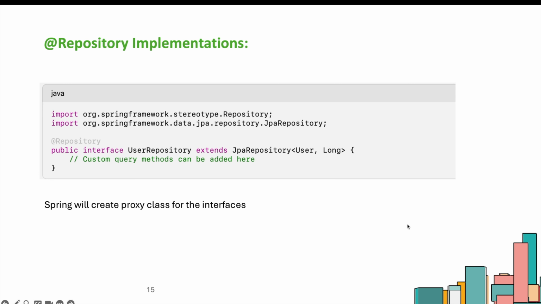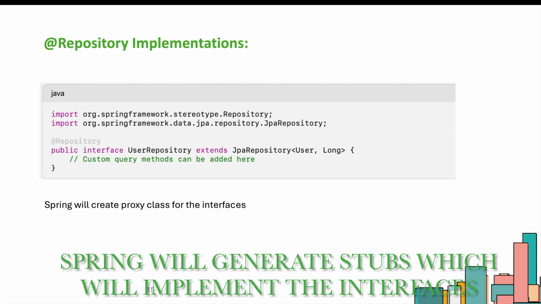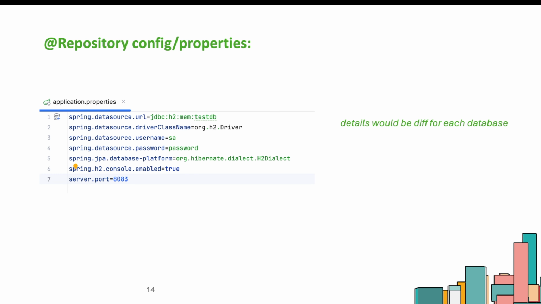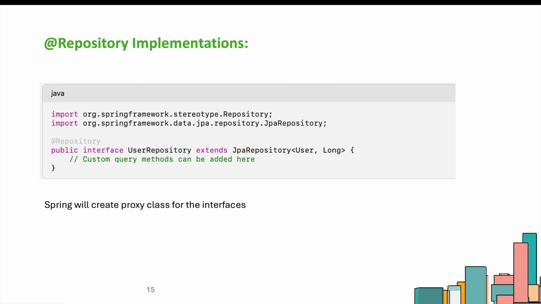And one more thing I would like to highlight: when we say public interface UserRepository, we are defining an interface that extends JpaRepository. But when you run Spring, based on these property file details, it's going to create proxy classes for the implementation of our UserRepository. We are not going to implement these interfaces.